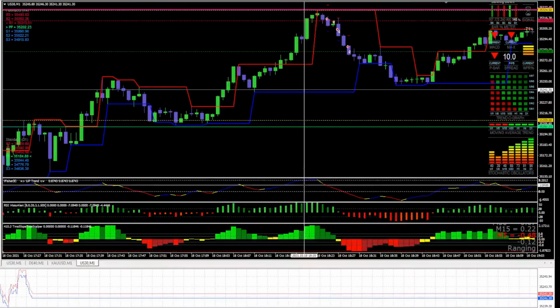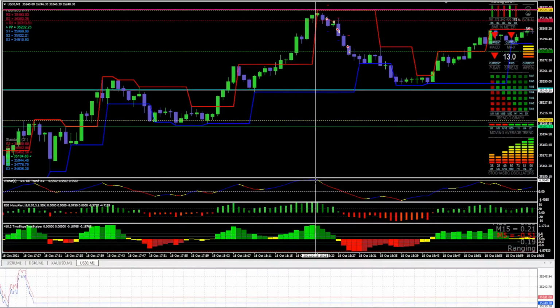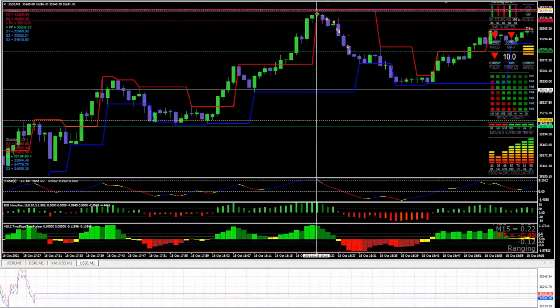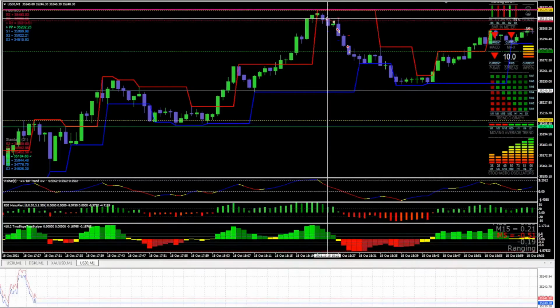Because the Fisher was already in the upper bound, I just took a long because I already had this fractal on yesterday's high, and here you see the Fisher was already red, so the trend was moving downward.